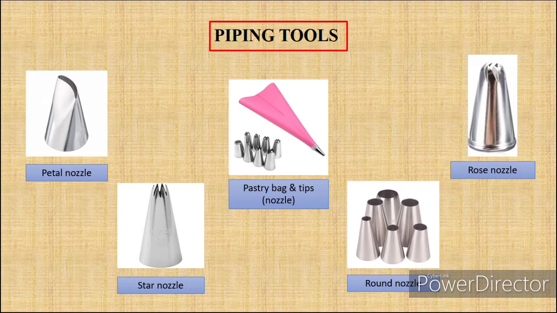For example, the rose nozzle is suitable when you want to make artful swirls or gorgeous flowers, piping icing to decorate cupcakes and cake. And I will show you the different designs of tips that can produce different piping icing.